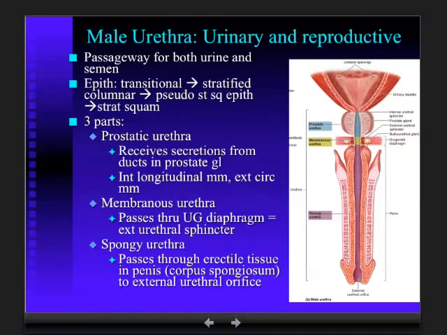In the male, the urethra serves both urinary functions and reproductive functions. If we begin up here at the urinary bladder, we see the urethra first emerging from the bladder directly into the prostate gland.